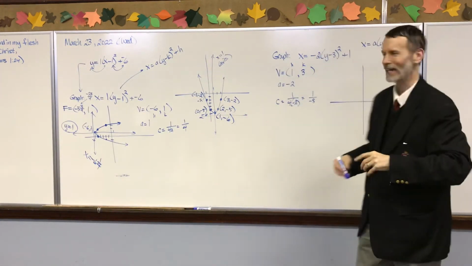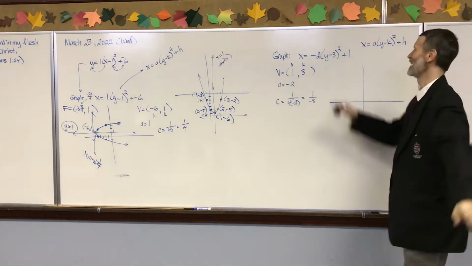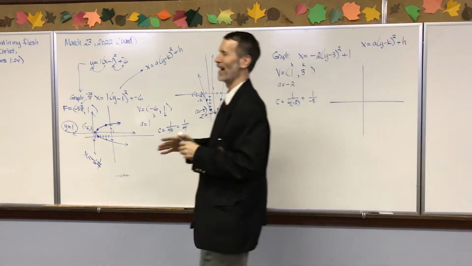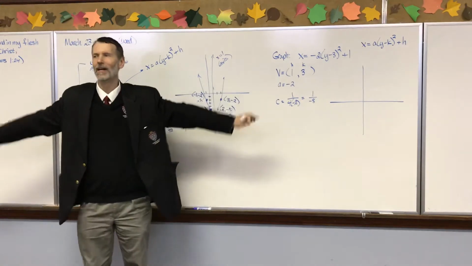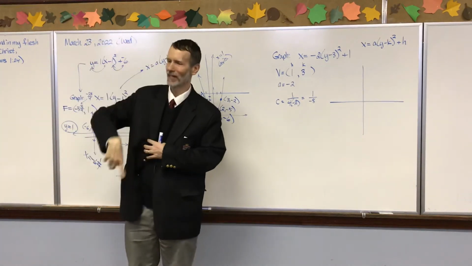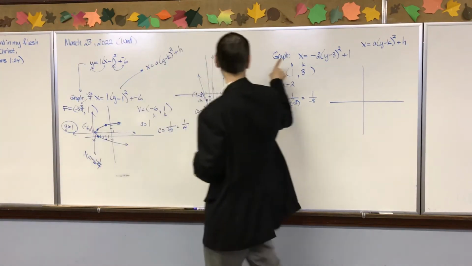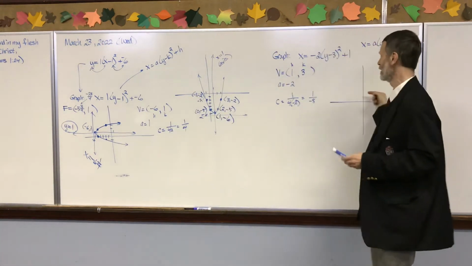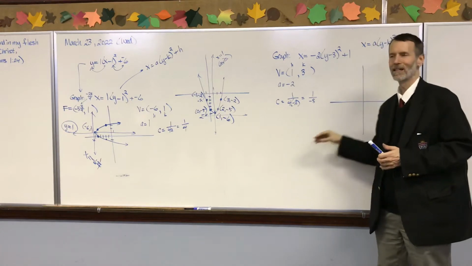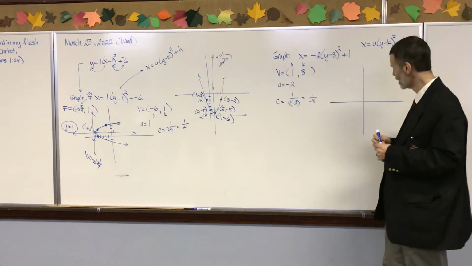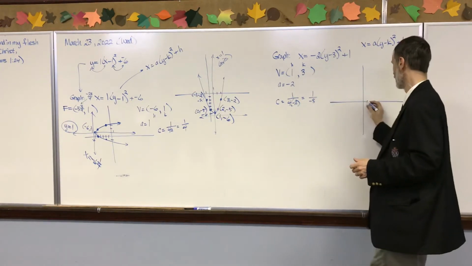Good. How do you know it's going to the left? This is a negative. The same rules apply. X is negative to the left, positive to the right, and Y is positive up, negative down. So if you have an X that's going negative, it's opening to the left. It's opening to the left. The vertex is 1 comma 3.